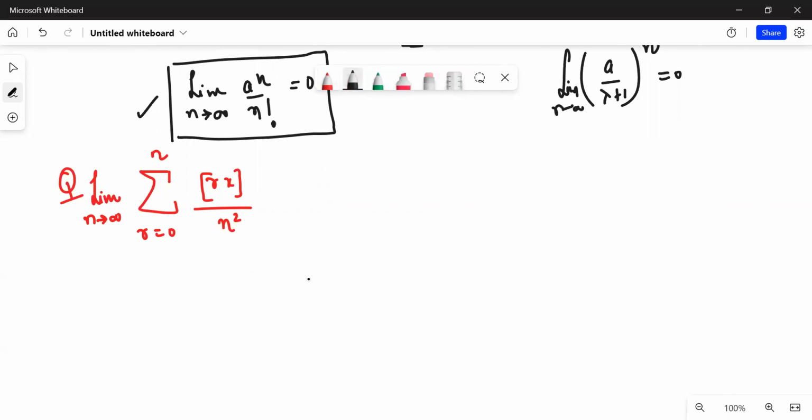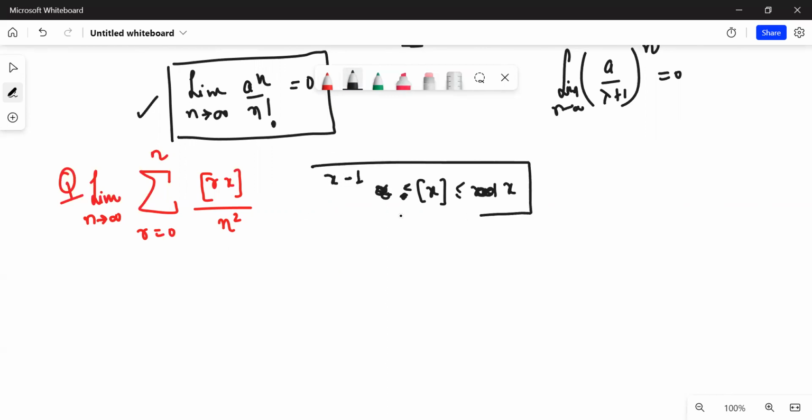One can clearly see that the greatest integer of x is always less than or equal to x, and it is always greater than x minus 1. Is that clear? Since this is the case, one can clearly assert that the greatest integer of rx can be written as less than or equal to rx, and greater than rx minus 1.